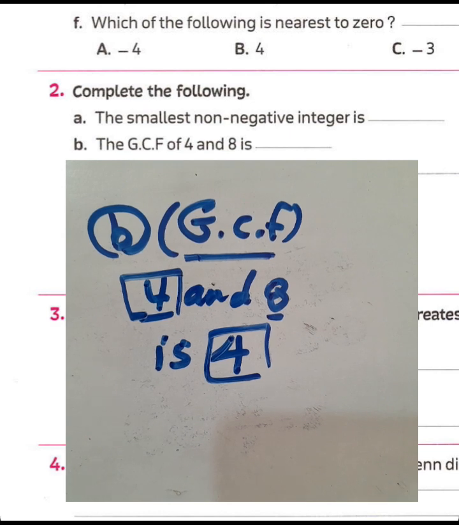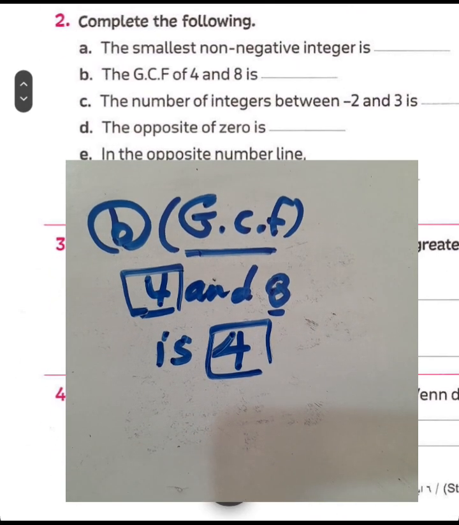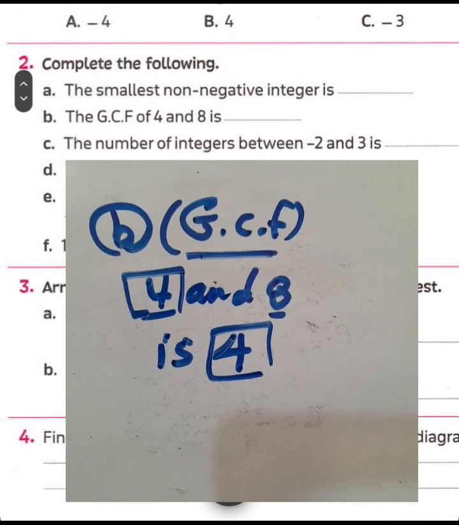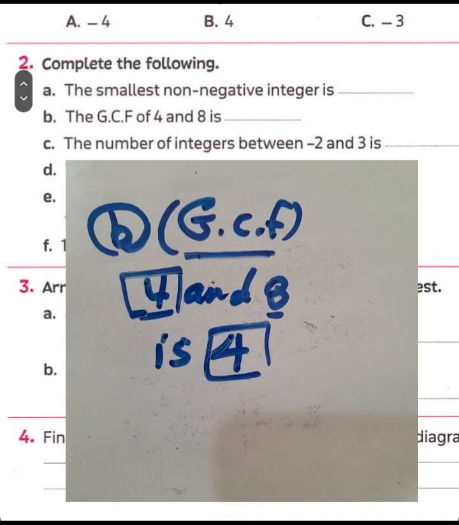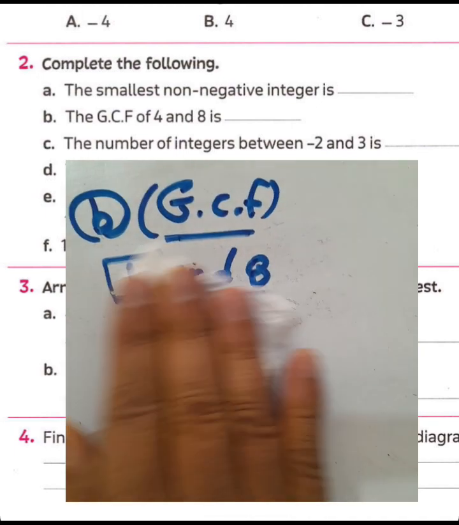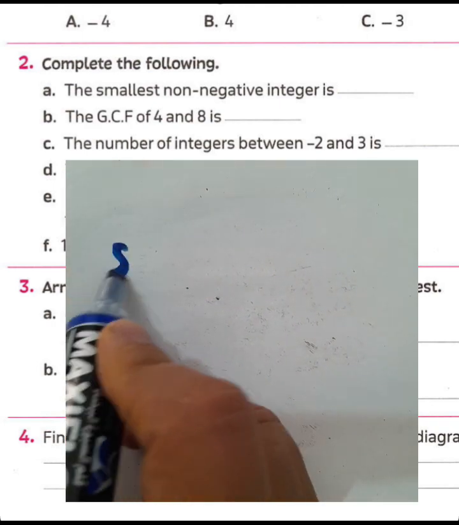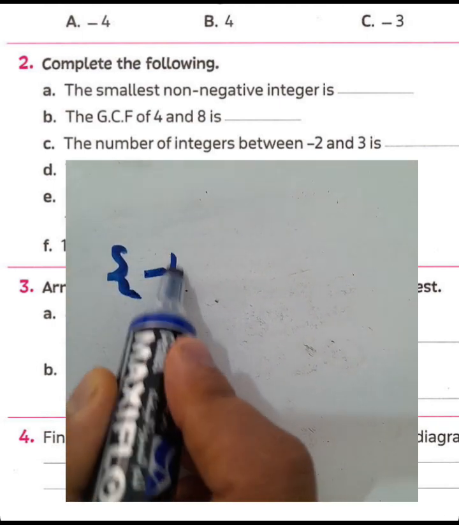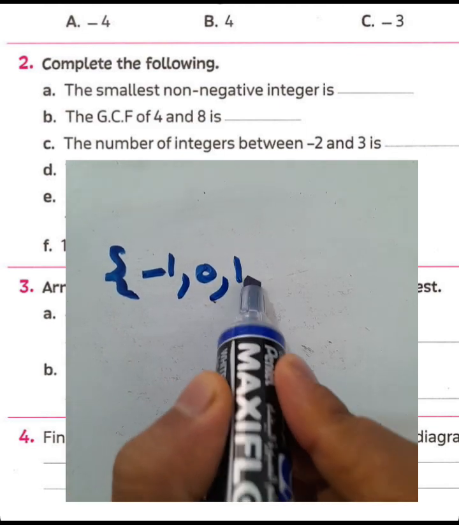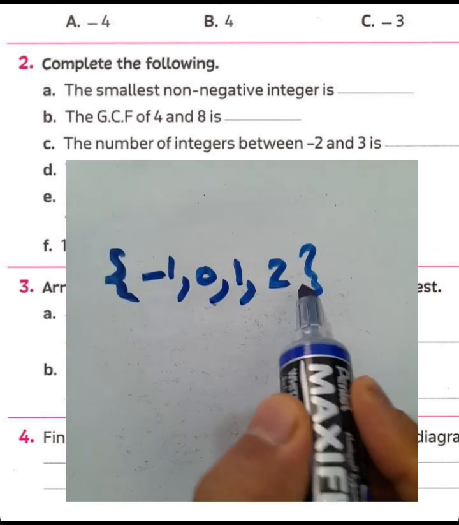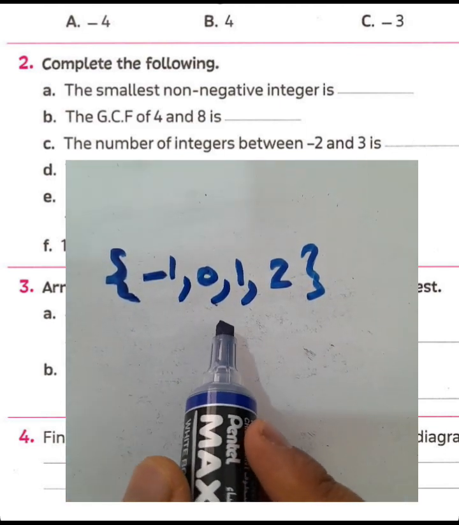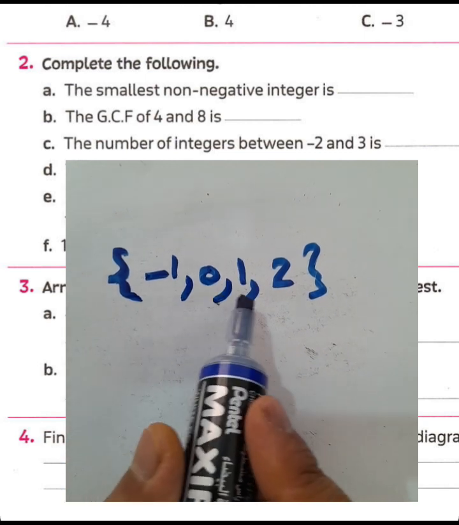Okay. What about question letter C? The number of integers between -2 and 3. Can you count with me? You want to find the number of integers. Count with me the numbers that lie between -2 and 3. First, we can write -1, 0, 1 and 2. How many numbers do we have here? 1, 2, 3, 4.